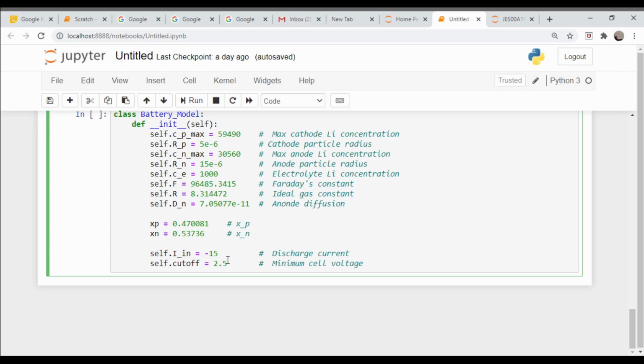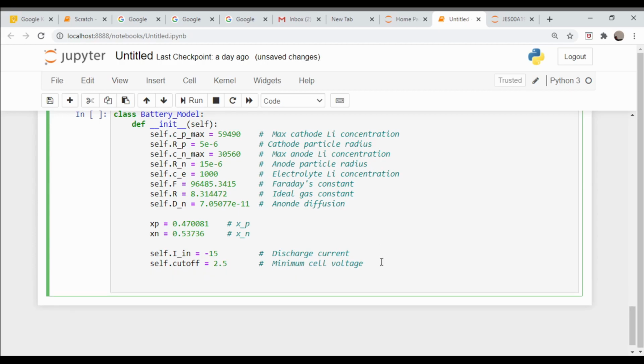And we're going to use a current of 15 amps for the discharge. And because we can't let this go out of bounds, we're going to set a lower voltage cutoff of 2.5 volts and pass that into our differential equation solver for it to end the simulation if the voltage gets down to 2.5 volts.